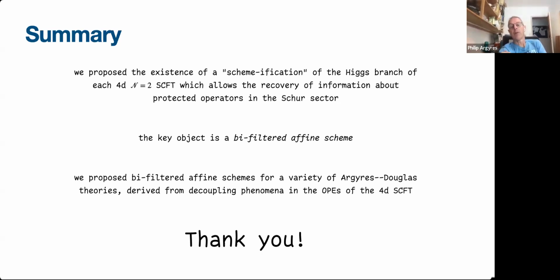So one maybe silly question. Last week, Nicholas Garner told us about a filtration on the VOA having to do with unitarity of the parent four-dimensional theory. Any possibility this is connected? I was thinking the same thing during his talk last week, and I haven't looked into it yet.